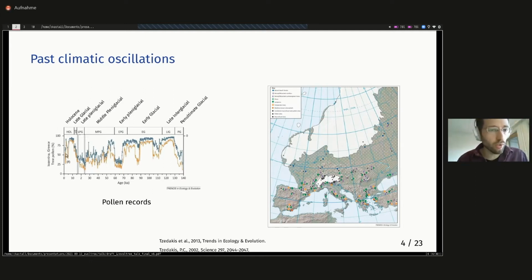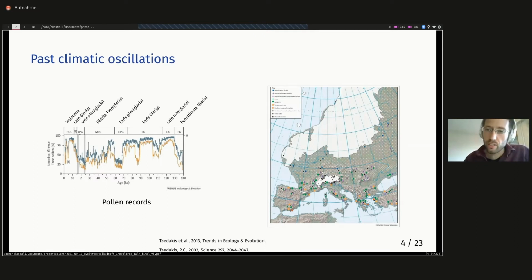So on the y-axis you have the pollen records sampled, and on the x-axis you have the time. So you go from the recent time on the left to the ancient time on the right. And as you can see, pollen records, which reflect the abundance of forestry species, shift dramatically when you go into the past, and this reflects these events of population expansion and contractions through time.